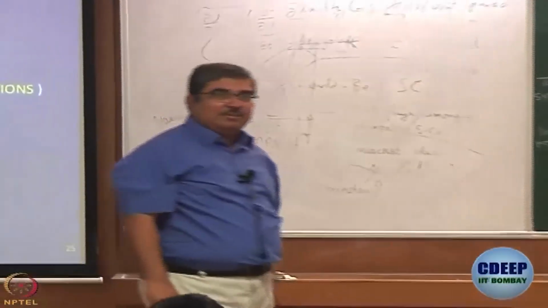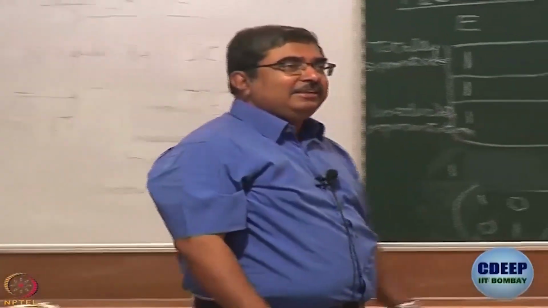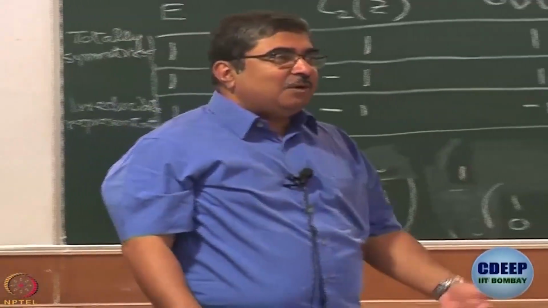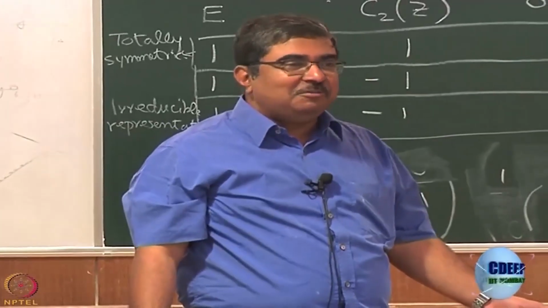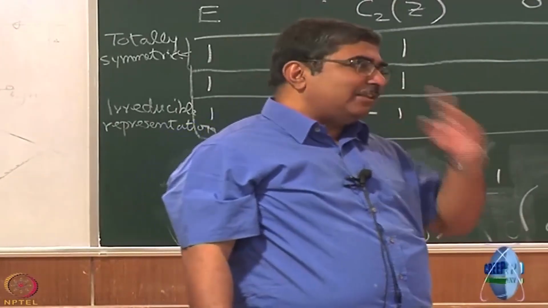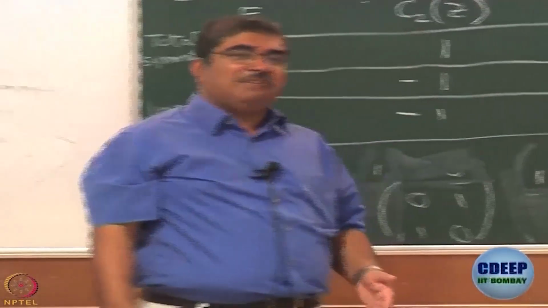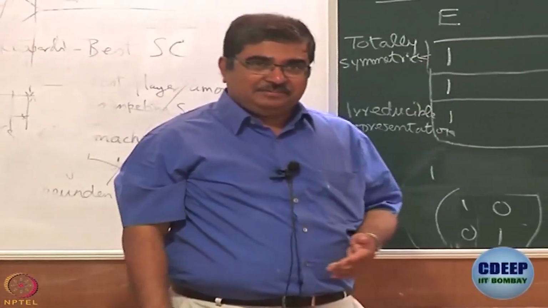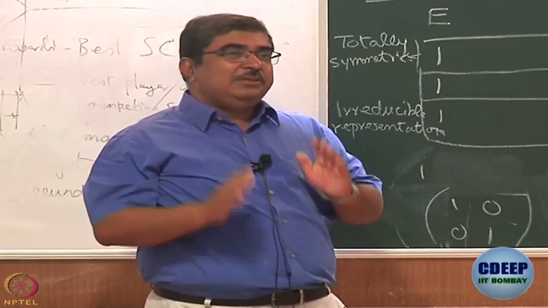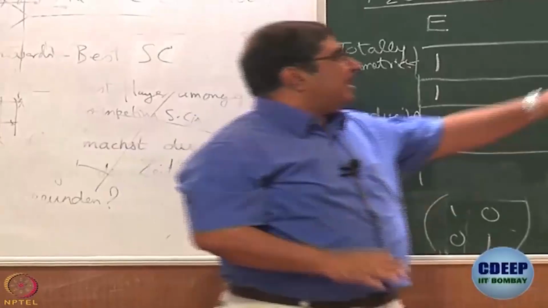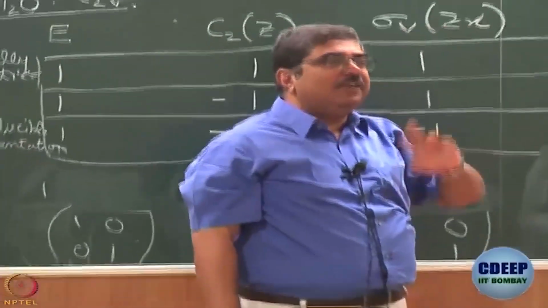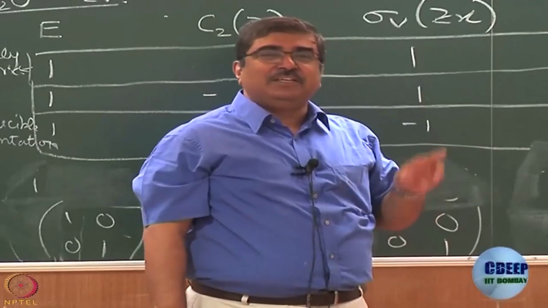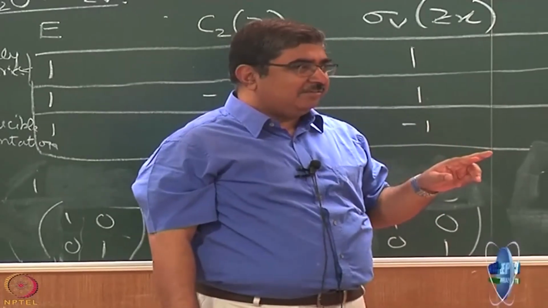So, as you have understood by now, anything that has words like great or golden is bound to be very useful, right. The great orthogonality theorem is also called great for a good reason, okay. And using the great orthogonality theorem, we arrive at what are called character tables, things that you have already used in this inorganic course in the last semester, I believe, okay.